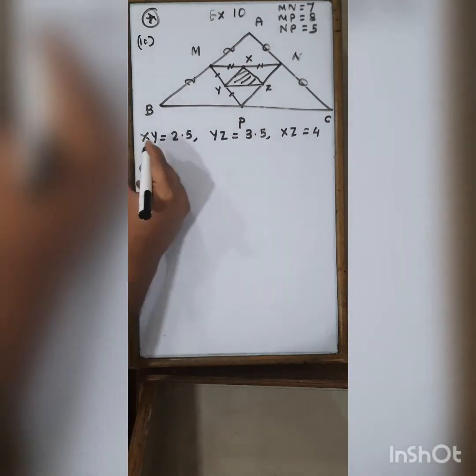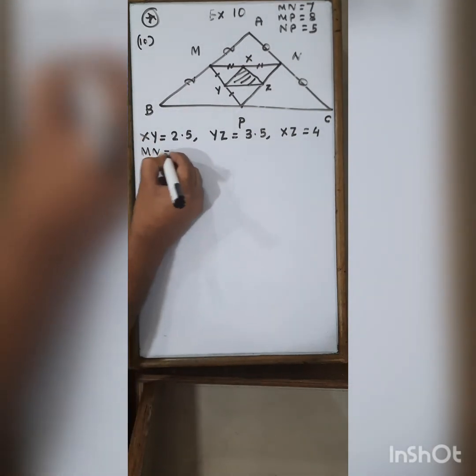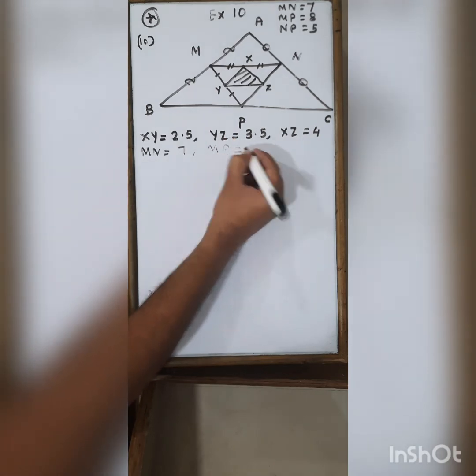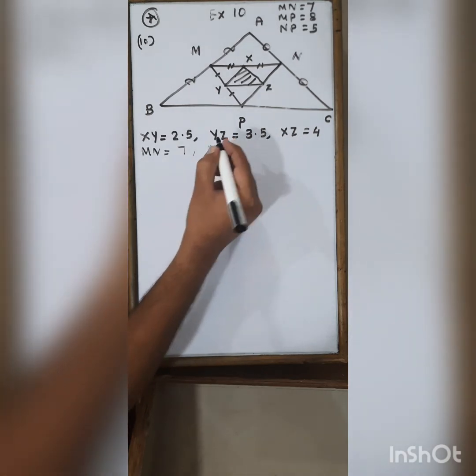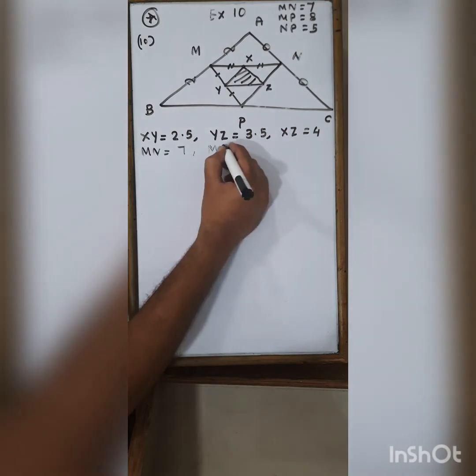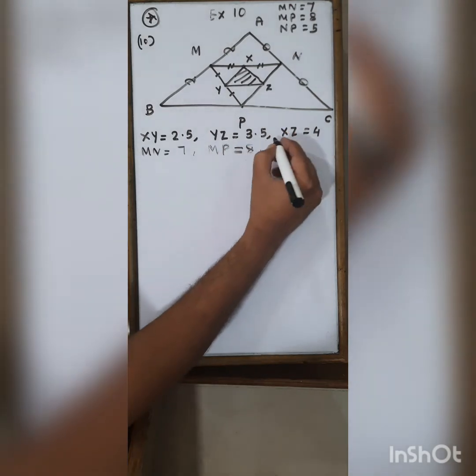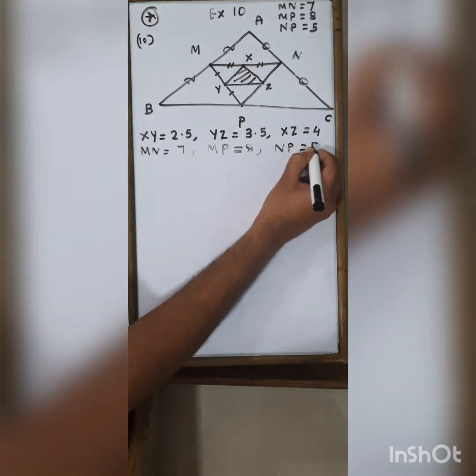MN is equal to 7. MP is equal to 8. And NP is equal to 5.